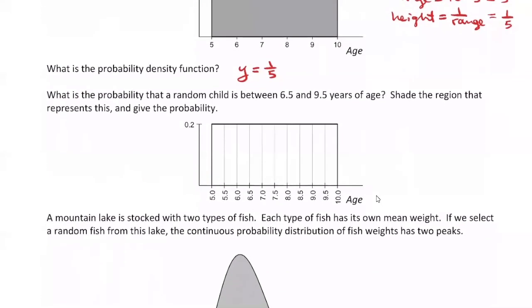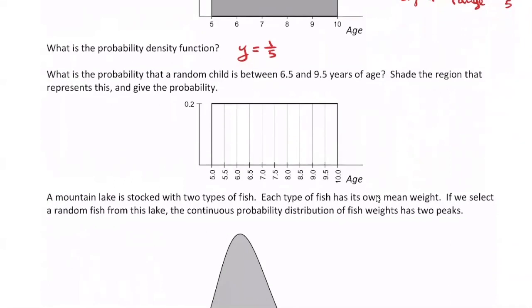Okay. Now, they ask what's the probability that a random child is between 6.5 and 9.5. And it says to shade it and give the probability. So 6.5 to 9.5.